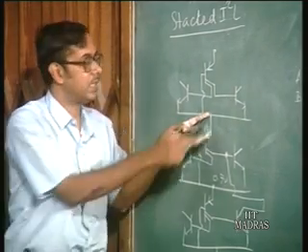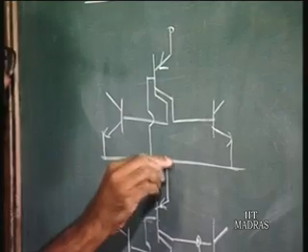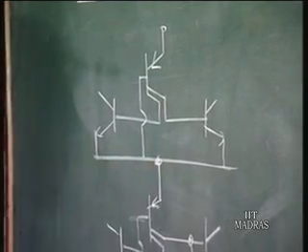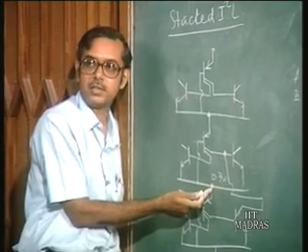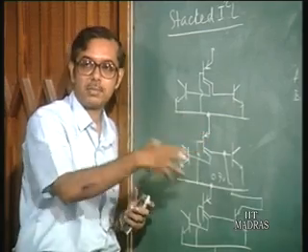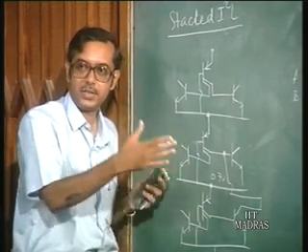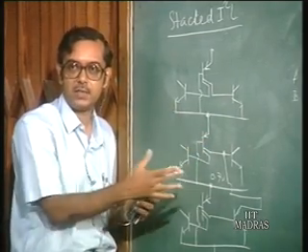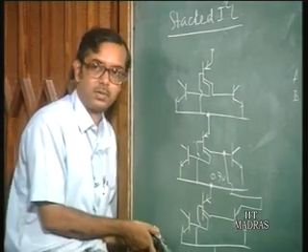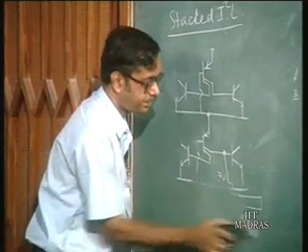So the emitter point for this set of transistors is different from the emitter point of this set of transistors. So you cannot have a common substrate in which you fabricate, you have to isolate each individual level. So that creates problems also from the technology point of view.